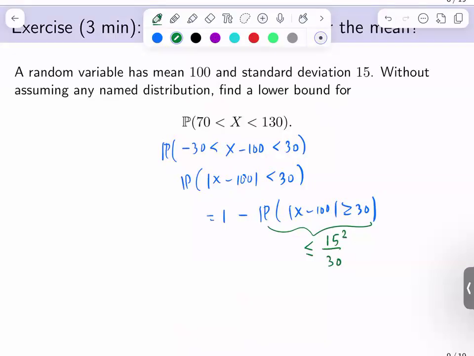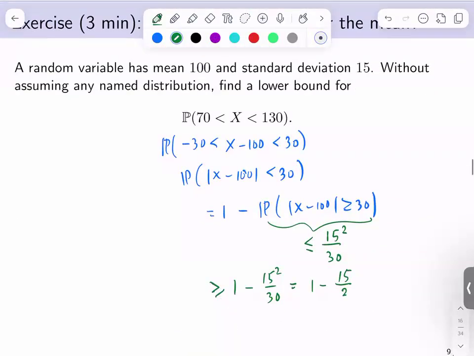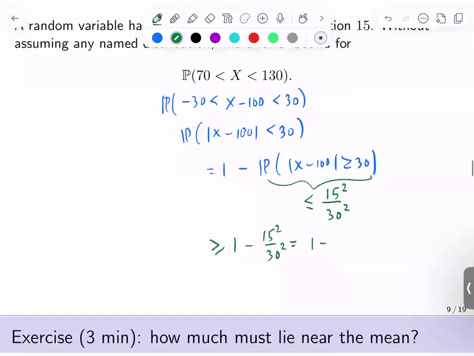Right, so this is less than or equal to that, so 1 minus this would be bigger than or equal to 1 minus 15 divided by 30. So we get 15 here, and then did I make a mistake here? Oh, yes.